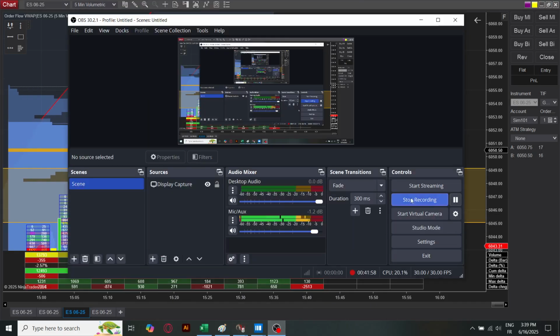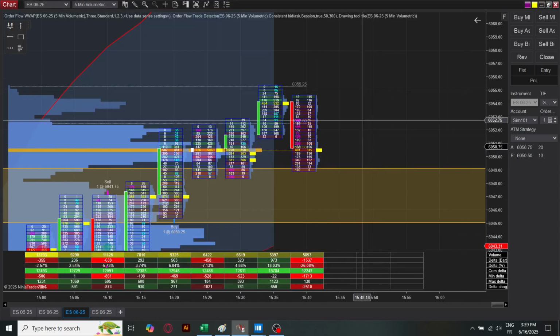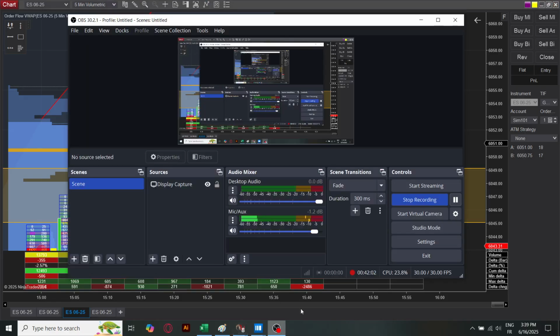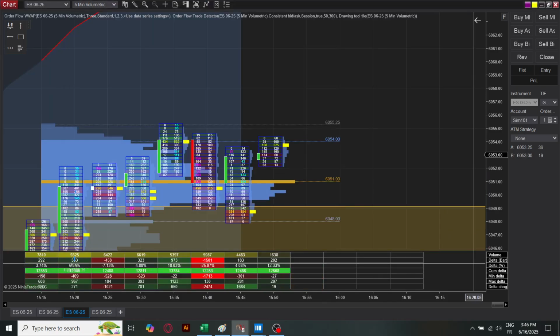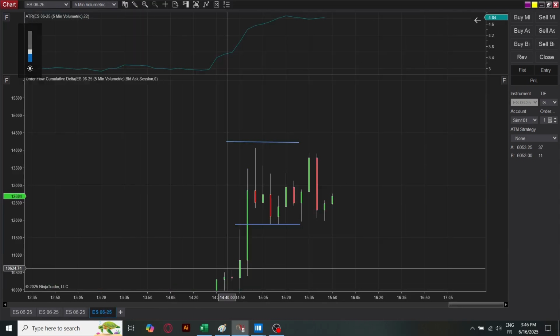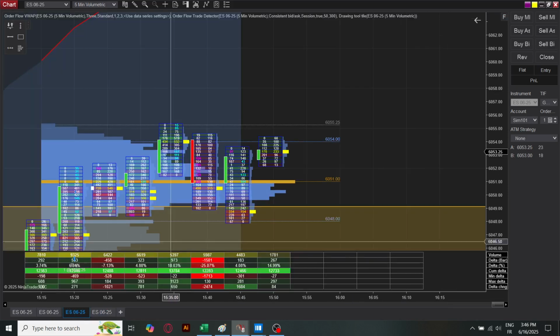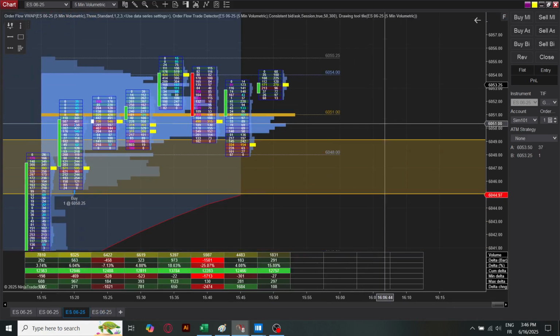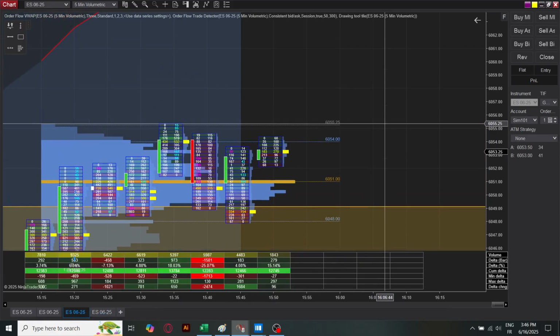So they'll just do nothing. They are getting absorbed. There is nothing clear over here. There is just this consolidation on the cumulative delta, and there are two chances over here.